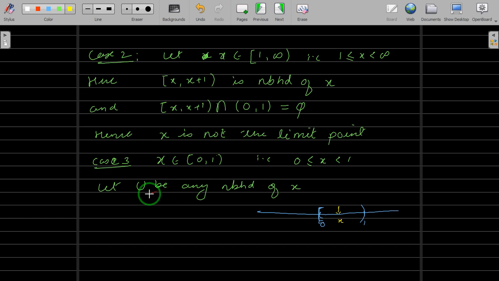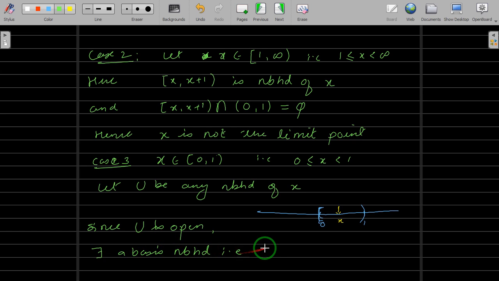Okay, now to prove this we have taken any neighborhood of x. Since it's a neighborhood that is open, there exists a basic neighborhood that is contained inside U. So let us take that. This implies, since U is open, there exists a basic neighborhood.